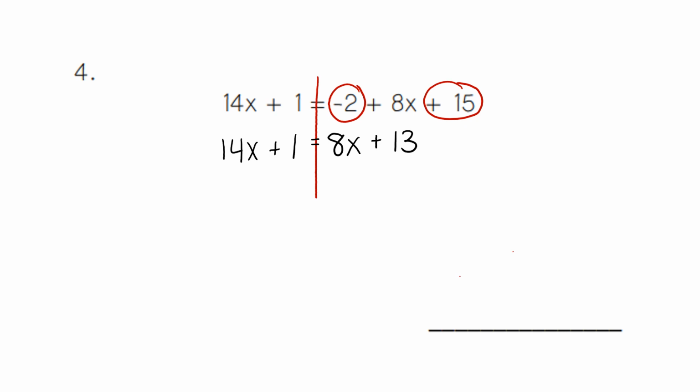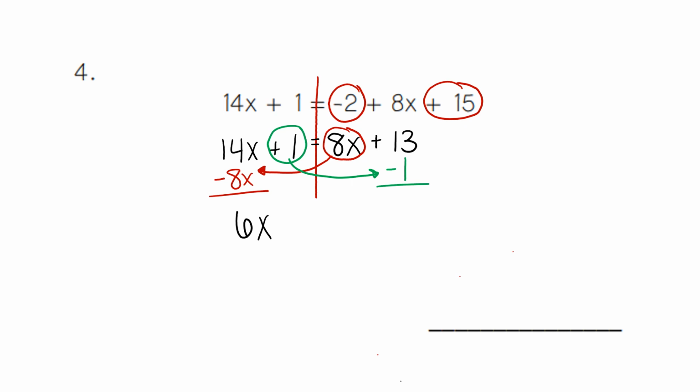Step 3 has us going in and moving the variable, the small number, over to the large number. So 8 would change to a negative 8. 14 and negative 8 is going to give us a value of 6, and that goes with our letter x. We move our whole number away from the other value, so our plus 1 would change into a negative 1.